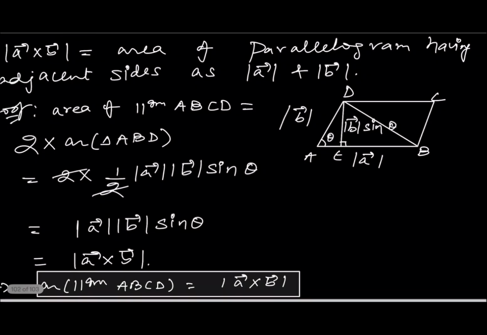But in that case, what we have observed is that the area of triangle ABD is nothing but half AB vector cross AD vector, or half mod of AB vector cross AD vector, right?